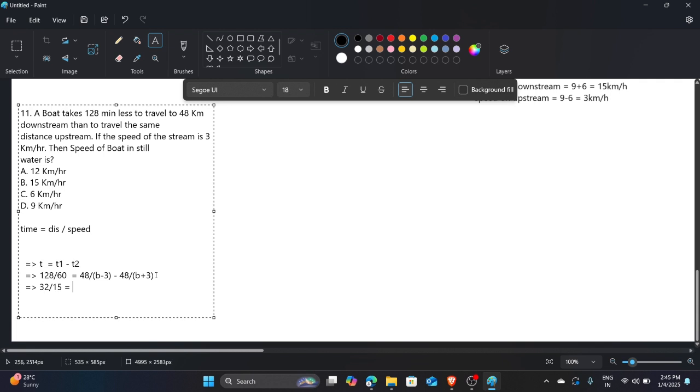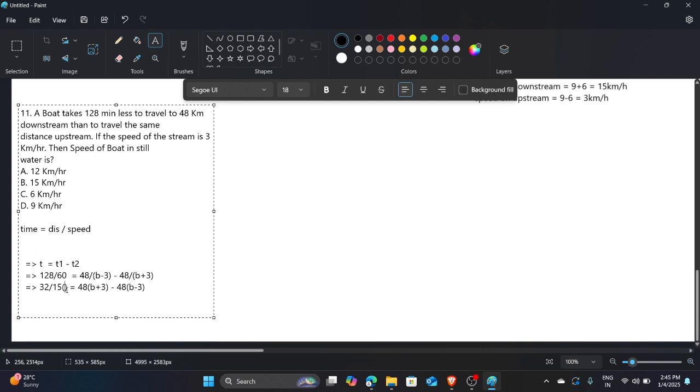So we try to take the LCM of the 40: v plus 3 in bracket, minus 48 into v minus 3. This is the LCM, and the down portion v minus 3 and v plus 3 has come to this side.